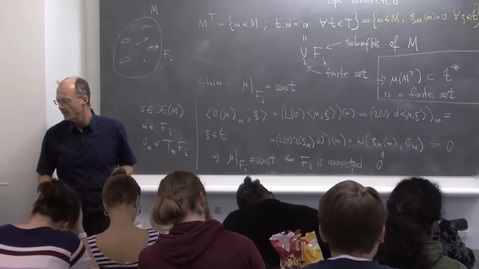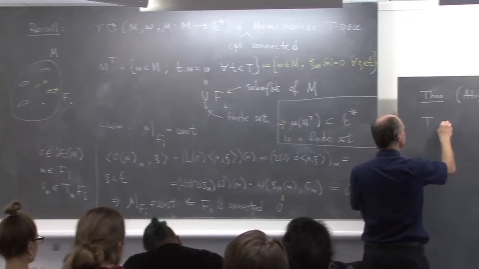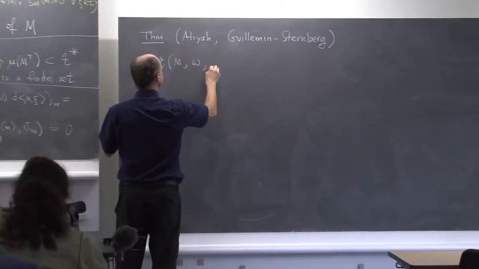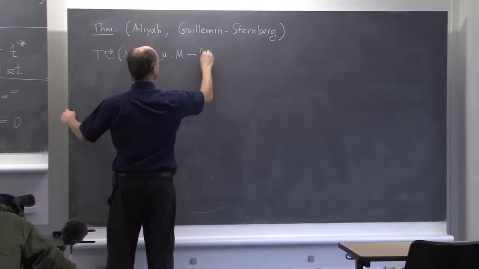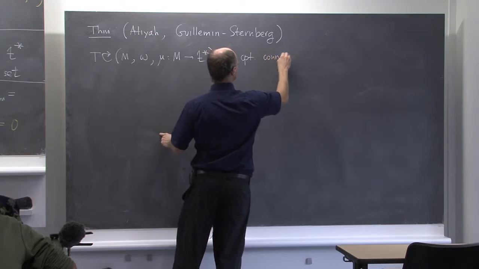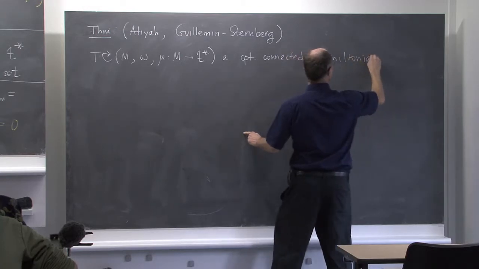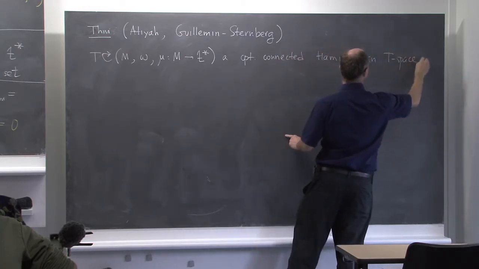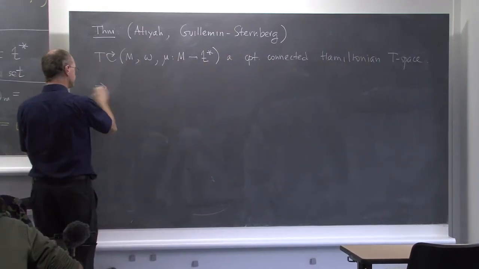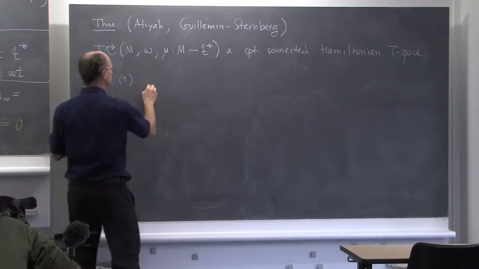So, the setup is the same. We have T, a torus, and we consider a compact connected Hamiltonian T-space. Then the following is true.